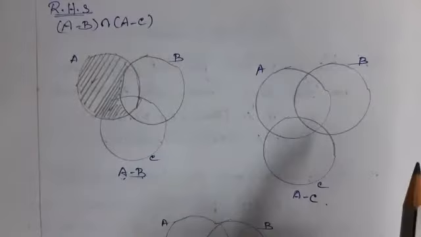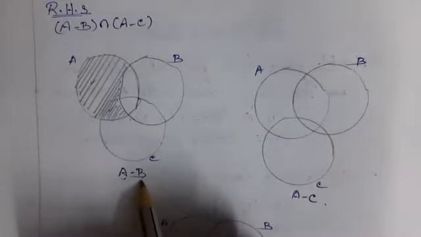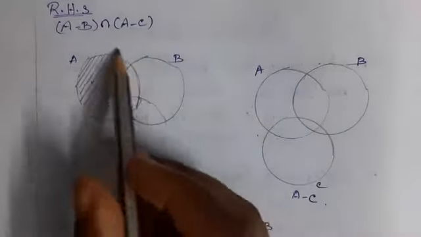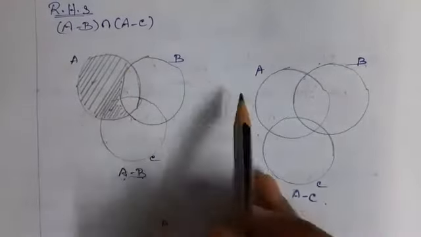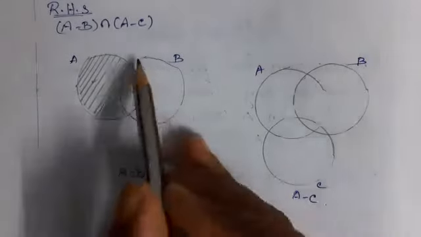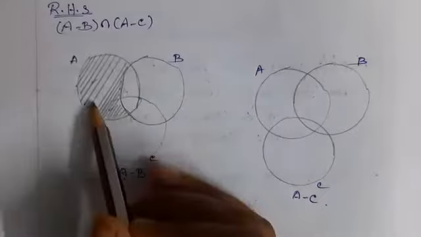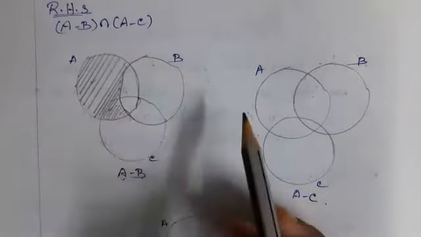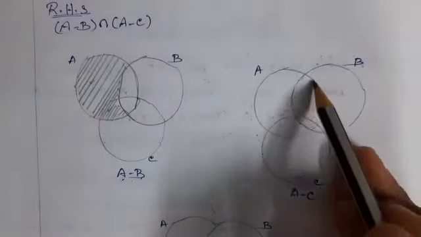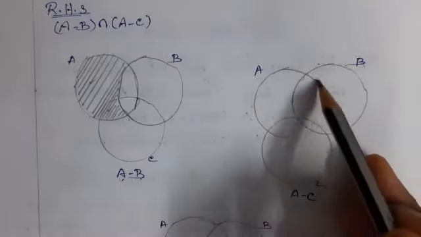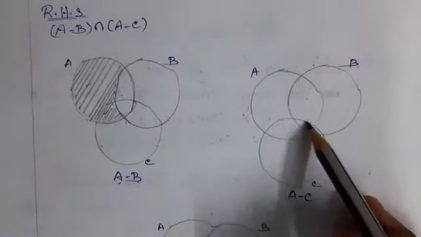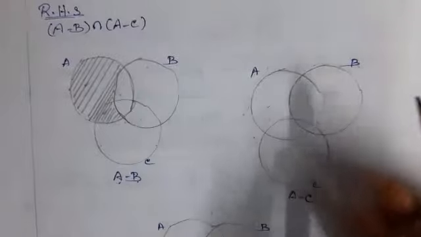Students, did you understand this? Once again, A difference B means, see the circle A. From the A circle, leave the B circle. Therefore, only this. Now, A difference C. See the A circle. From the A circle, leave the C. Therefore, these two.